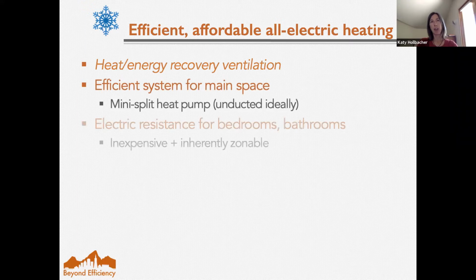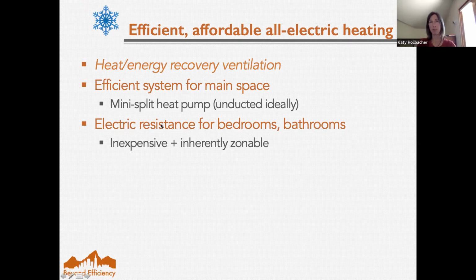And then the thought is, let's use a very efficient system for the main space, the main living area that tends to have the largest area of heat loss because you usually have the largest windows and living area, dining area. That's where people are hanging out most of the time on a chilly evening before bed. So you focus the more expensive system on that main space to get the best benefit of that high efficiency system, and then do it super cheap for the rest of it.